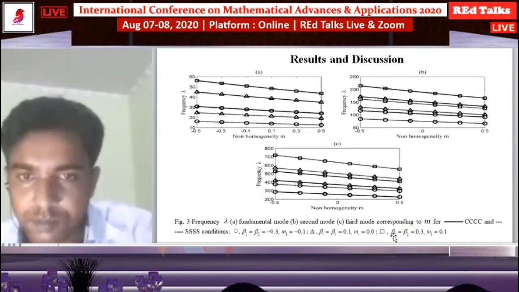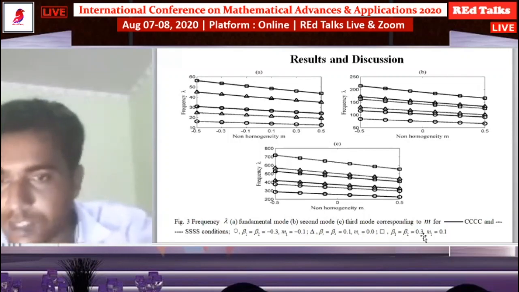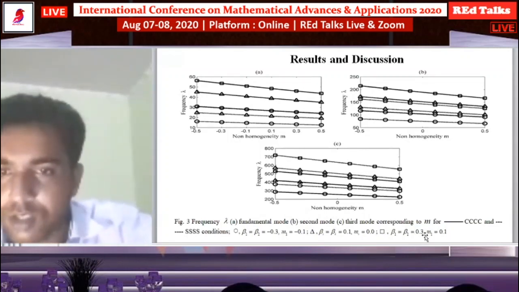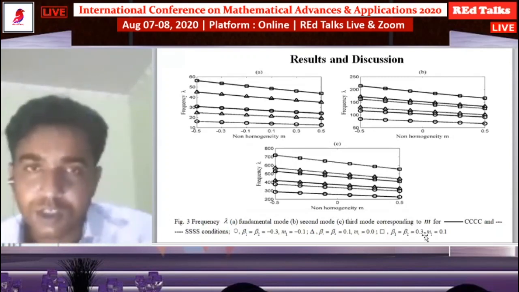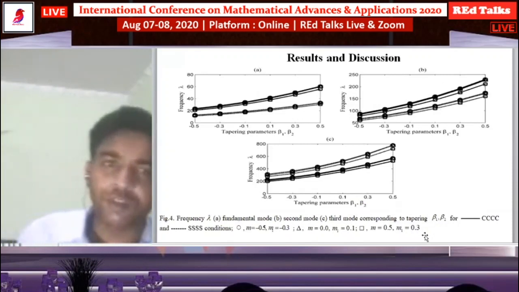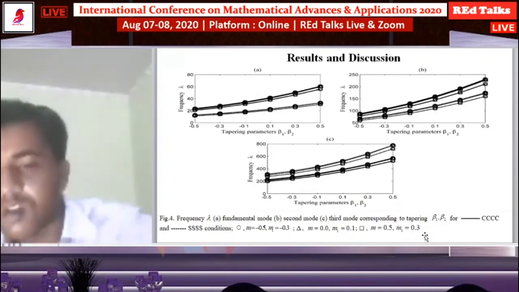In the second condition, beta 1 equals beta 2 equals 0.1 and M1 equals 0.0. In the third condition, for the third mode corresponding to M4, beta 1 equals beta 2 equals 0.3 and M1 equals 0.1. This is the result discussion about the fundamental mode, second mode and third mode.